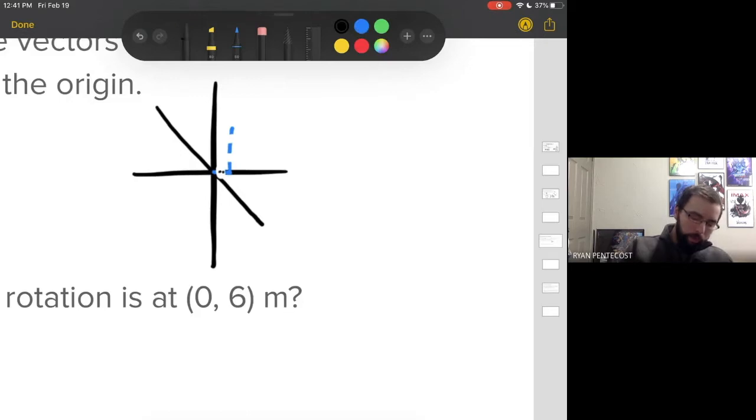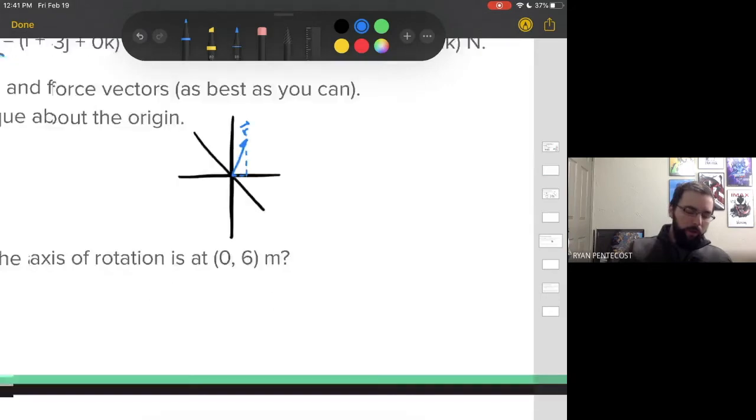Let's see. Nope. Let me just undo this, and I'll do this again dotted. So we'll have 1i, 3j. So that is our r vector.